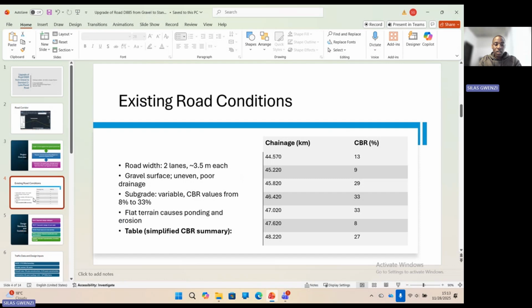The subgrade strength varies along the alignment as indicated by the CBR values obtained from the DCP tests. These values range from 8% to 33%, reflecting areas of both weak and strong subgrade, as shown in the CBR values along the road table.